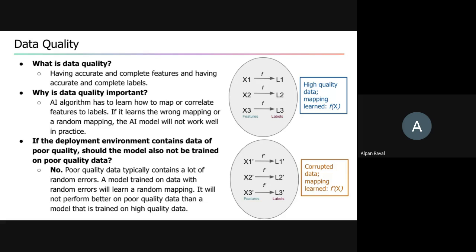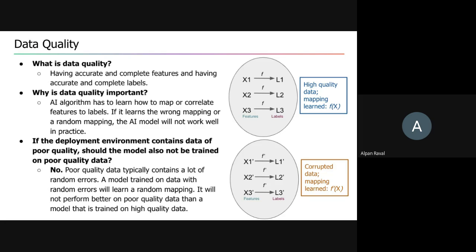So if the AI ends up learning the wrong mapping or learning a random mapping, then the model will not work well in practice. On the right, you can see two cartoons where in the first case, you have high quality data, and the AI has learned some mathematical function that it maps to predict the label from the feature, right? And I'm calling that function f.